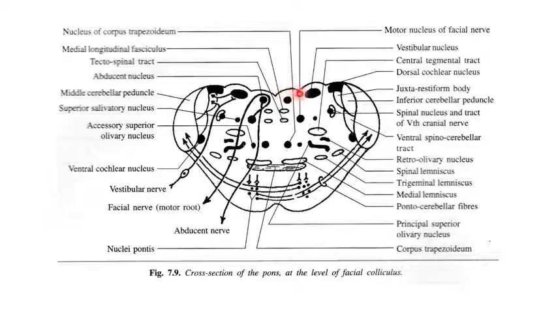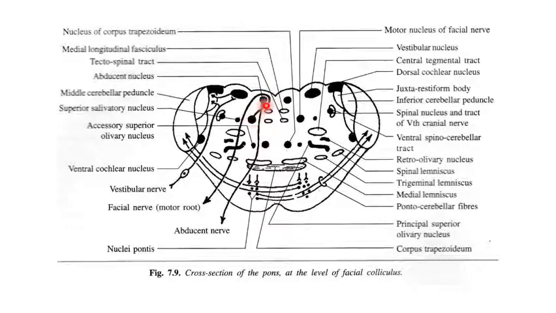Beneath the facial colliculus lies the abducent nucleus. This is the abducent nucleus, and this is the motor nucleus of the facial nerve. Its fibers wind around the abducent nucleus, forming the internal genu, and this is a very good example of neurobiotaxis.